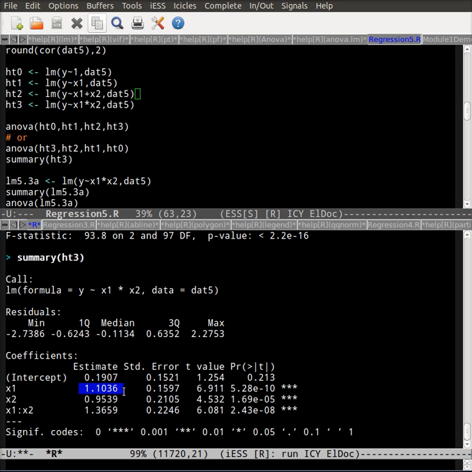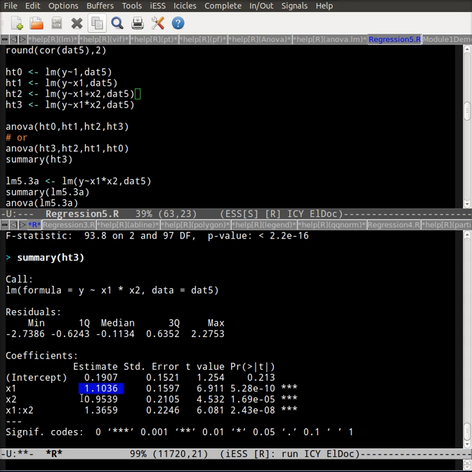So that's one. But the second thing, and this is relevant to interpreting these B's, is that x1 and x2 in this context, these parameter estimates are the parameter estimates assuming that the other predictor equals 0. So let me be concrete about this. x1 has a b of 1.1 with y when the value of x2 is 0.